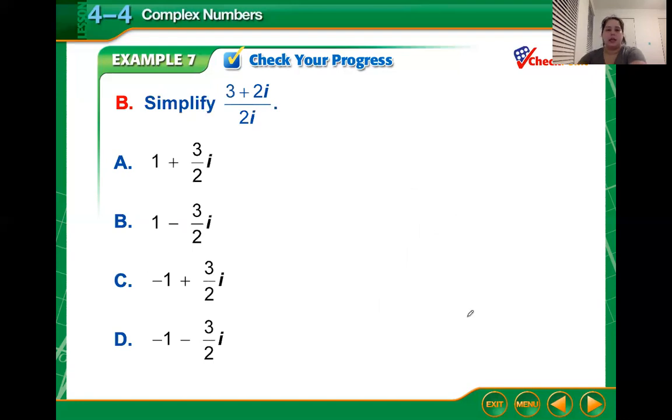All right, now we're going to simplify 3 plus 2i over 2i. We're going to multiply top and bottom by i. When we do that, we get 3i plus 2i squared over 2i squared.